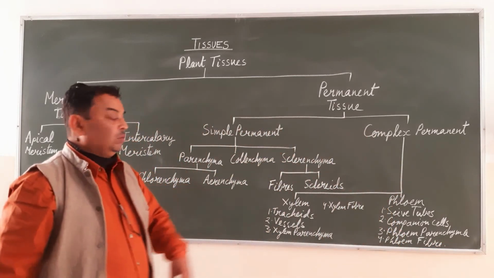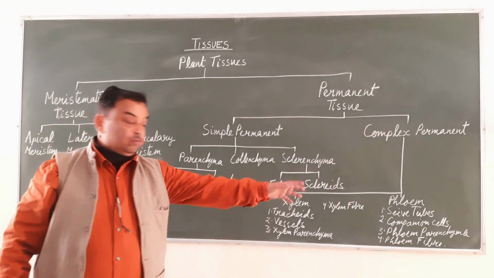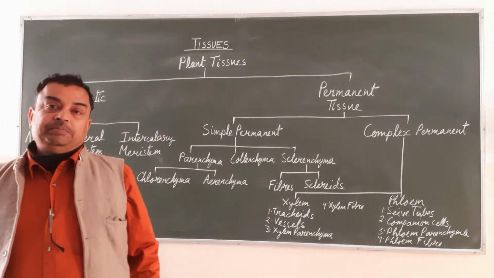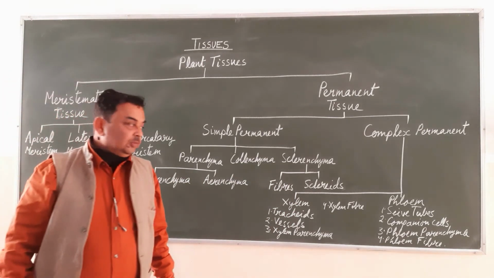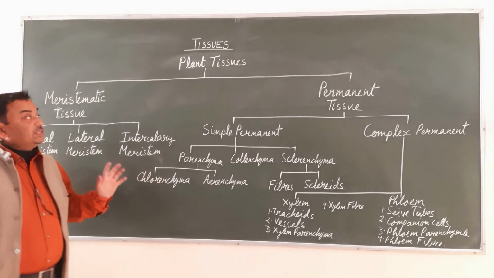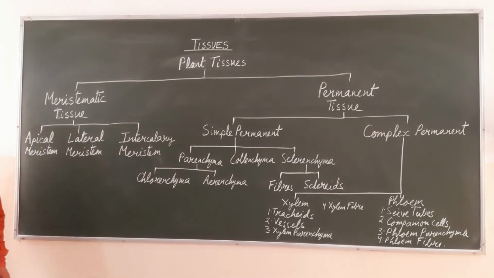So these are the four types of cells in xylem and four types of cells in phloem. Okay. So this is the classification of plant tissue, children. I hope you can understand this. Thank you.